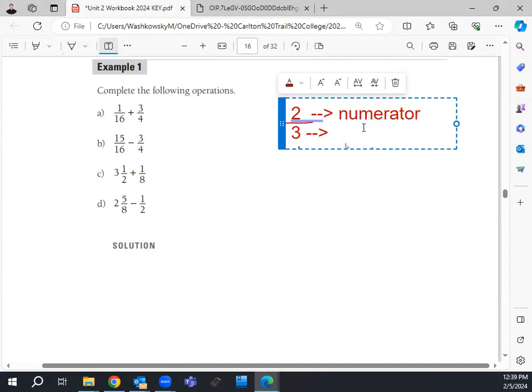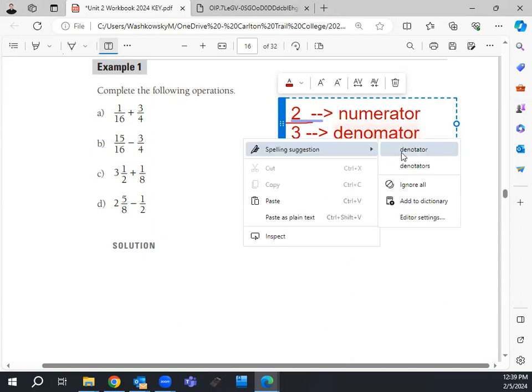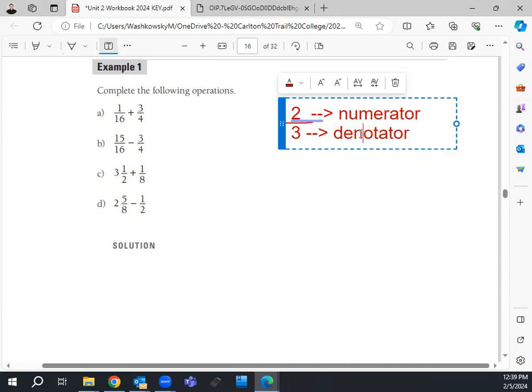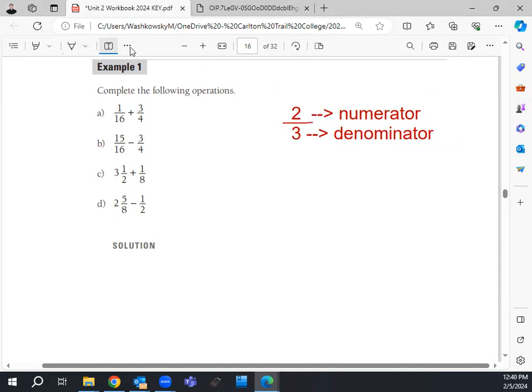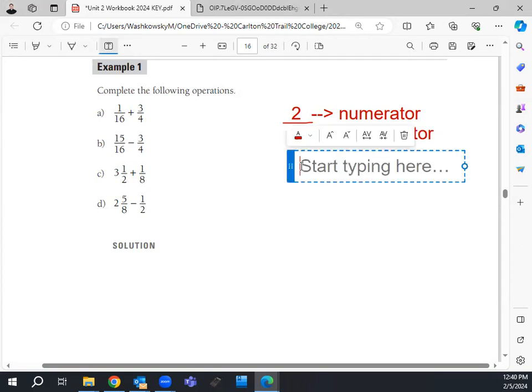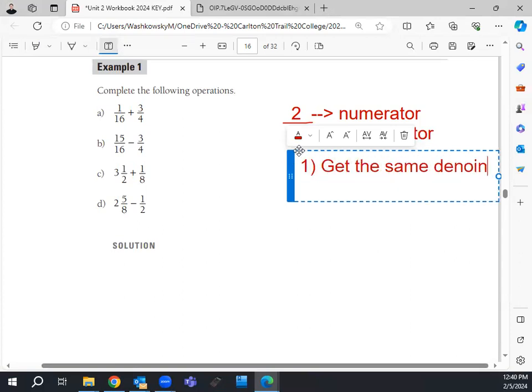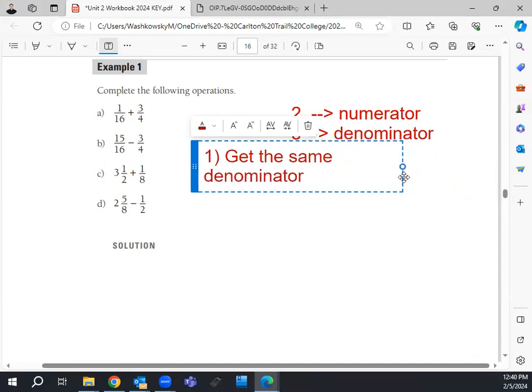So whenever you're trying to do a fraction operation, specifically adding and subtracting them, the key thing you need to do is get the same denominator, AKA, you need to get the same bottom.